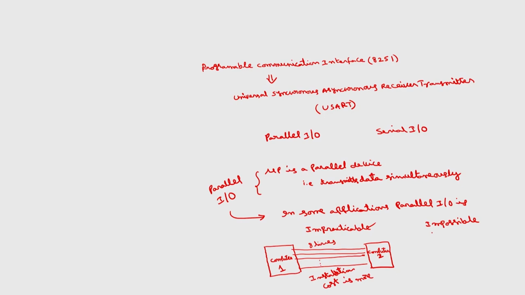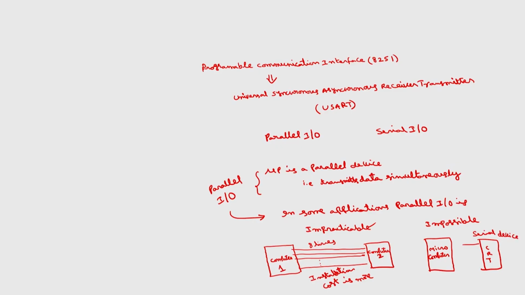There are some cases where even if I spend the cost, it is impossible. In some applications, it is impossible to perform parallel I/O operation. One of these applications is this microcomputer. In the previous example also, computer means microcomputer. If I want to connect it to a CRT terminal, by design the CRT terminal is a serial device.